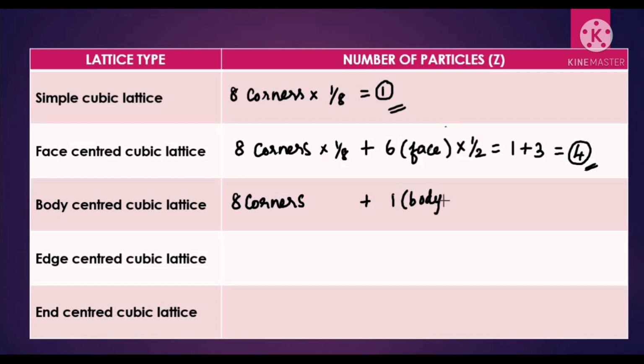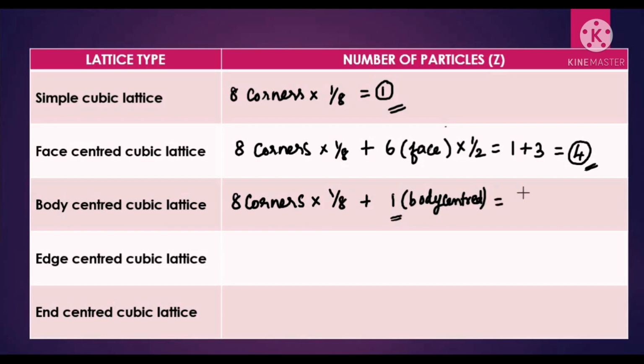See, this 1 body centered atom belongs to the whole unit cell. It's not shared by any other adjacent unit cells. But the 8 corners will be shared by 8 adjacent unit cells, so 1/8 each.